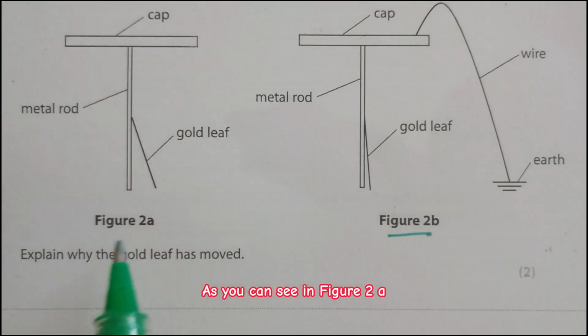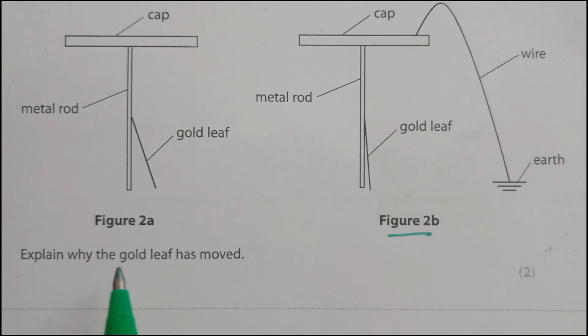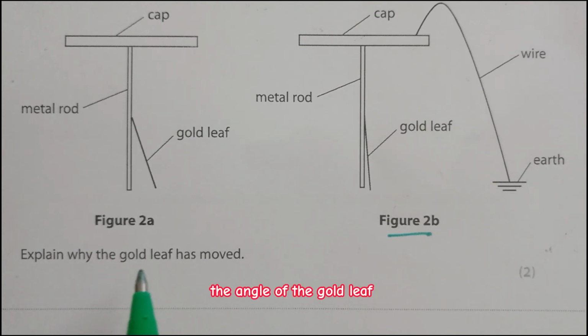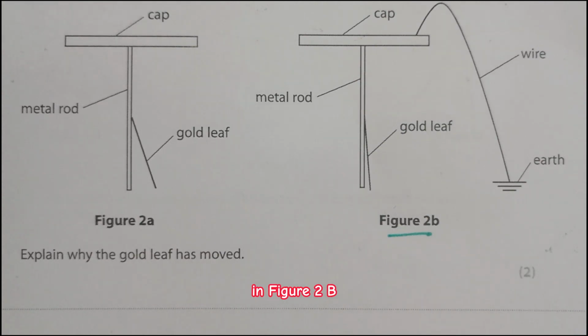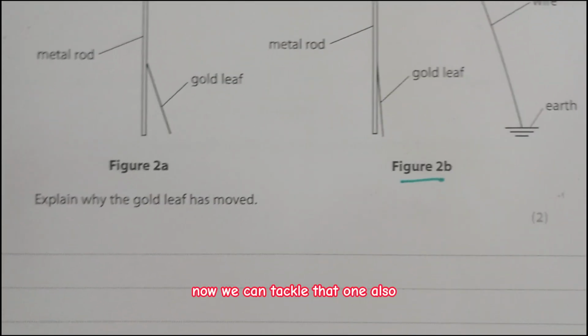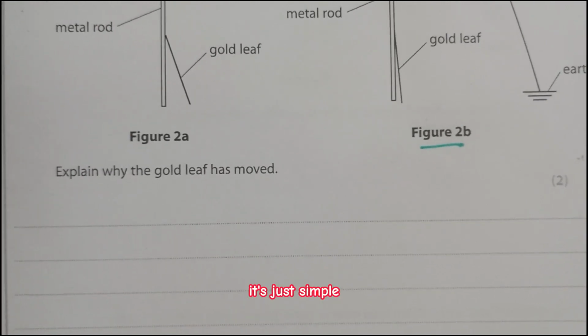As you can see in figure 2A, the angle of the gold leaf is larger than the angle of the gold leaf in figure 2B. Now we can tackle that one also. It's just simple.